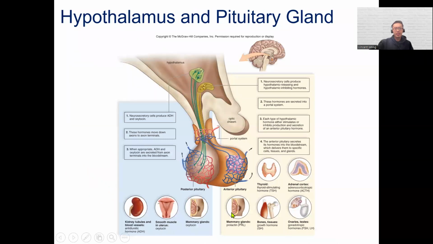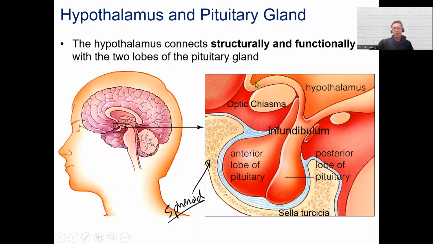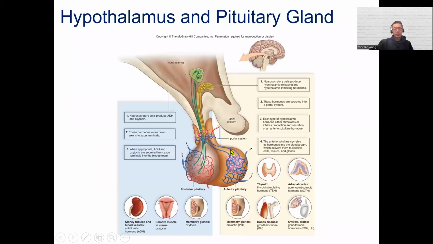This shows the relationship between the pituitary gland and... sorry, let me just go back for a second. I forgot to mention the optic chiasma. That's where your optic nerves from both eyes cross in the middle, right in front of the hypothalamus. This shows the relationship between two groups of neurons in the hypothalamus.